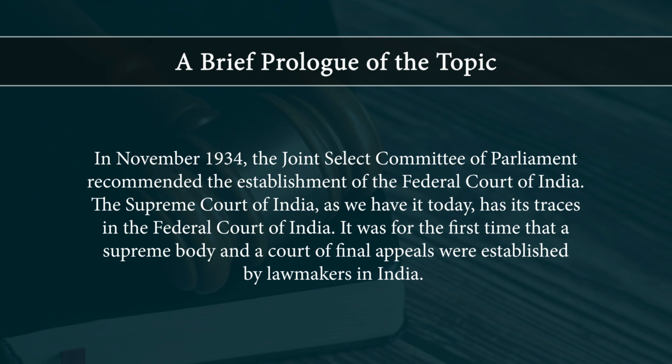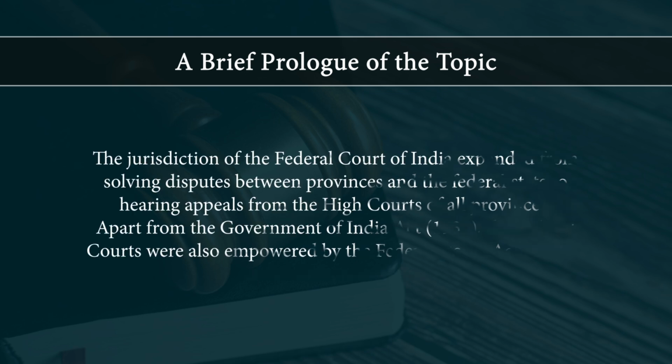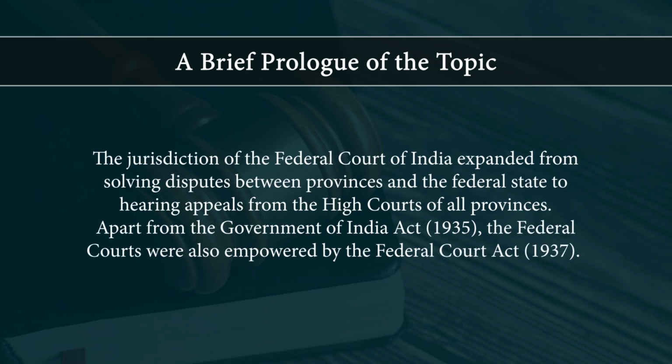It was for the first time that a supreme body and a court of final appeals were established by the lawmakers in India. The jurisdiction of the Federal Court of India expanded from solving disputes between provinces and the federal state to hearing appeals from the high courts of all provinces.